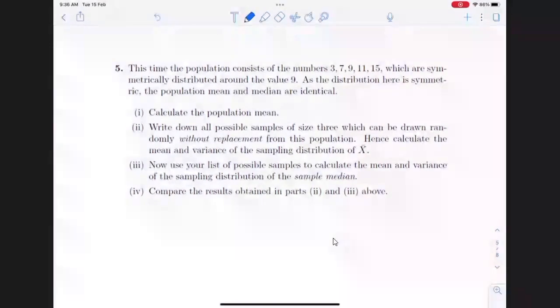So in part 1, we are asked to calculate the population mean. So since we already have the population values, 3, 7, 9, 11, and 15, the population mean will be just the average of these 5 numbers.